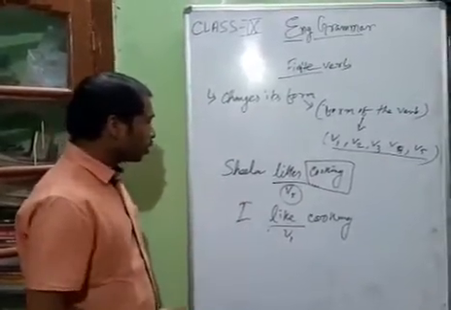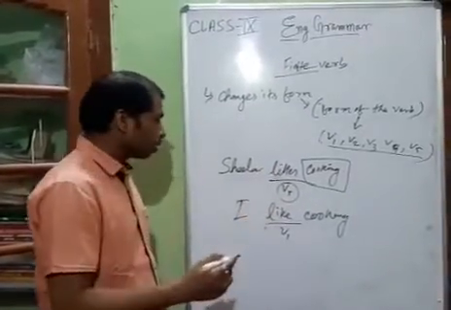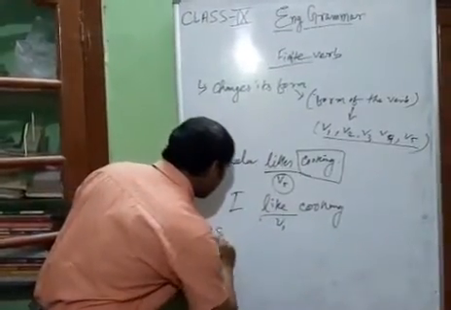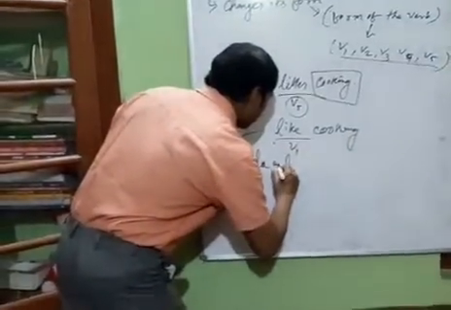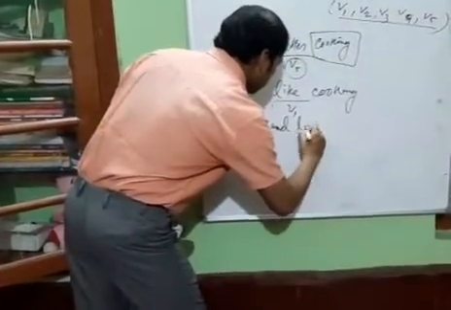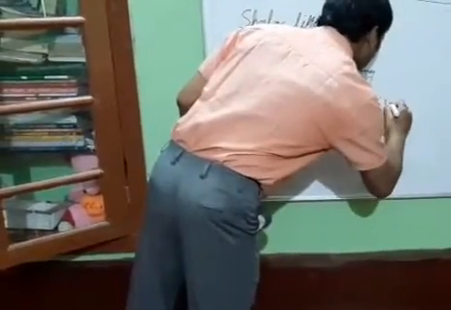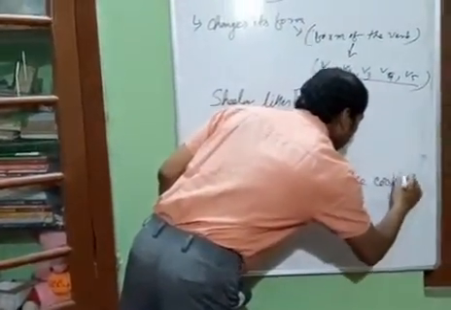Now let me change the number. Let's include Sheila and Leela. Sheila and Leela like cooking.